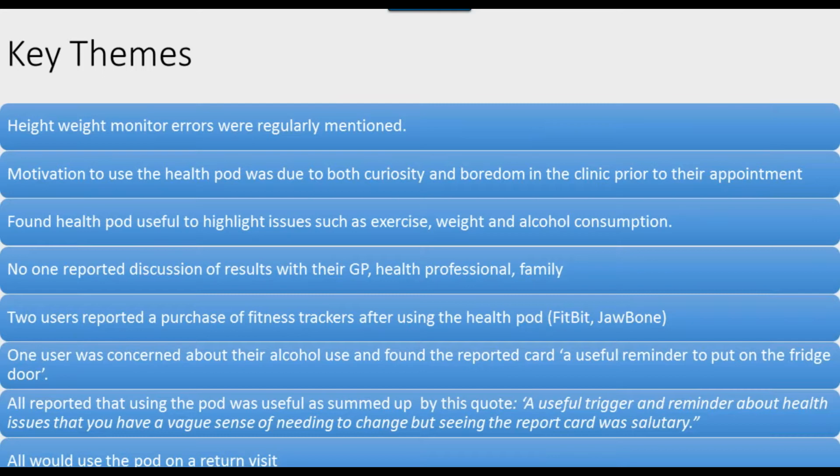So the automated height measuring machine sometimes gave wrong results if it never reset itself. So the technology needed a time lapse to reset the height before the next patient came in, and it didn't always do that. So that's now been corrected, but that was certainly a hiccup during the project.